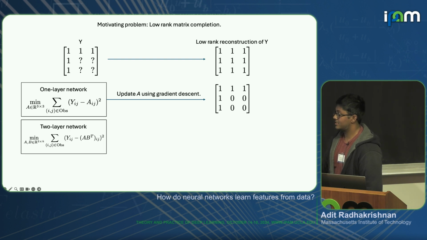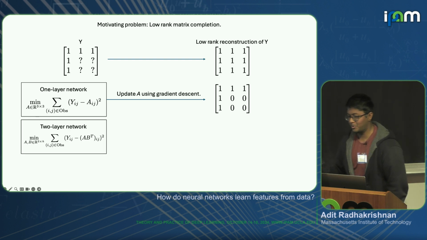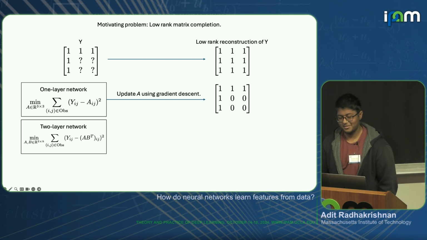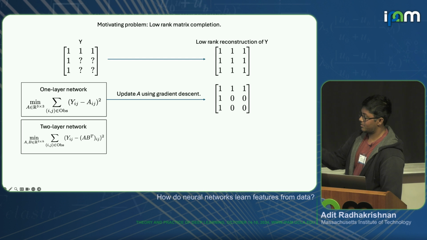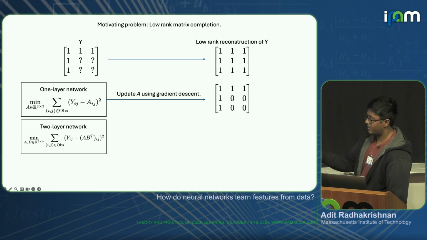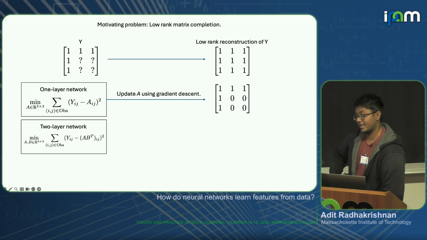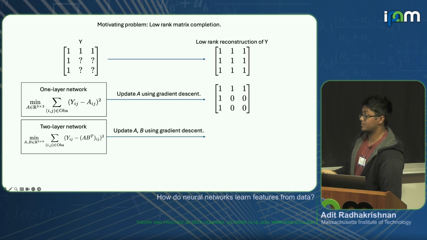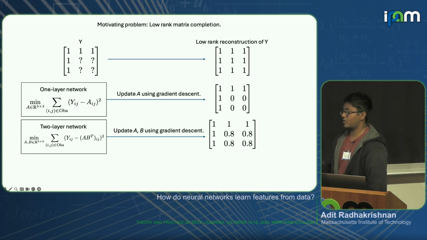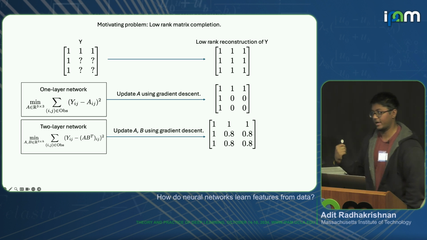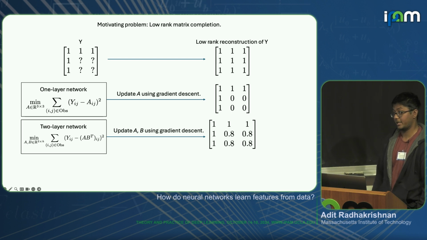Instead, what I can do is use deep learning and just go deeper. Instead of using one layer, I use 2 layers. Here, interestingly, what was found is that you get to pick a width for this first layer. Even if the width is larger than the input, if you train both of these matrices using gradient descent, surprisingly, the reconstruction is biased towards the low-rank reconstruction for the data.